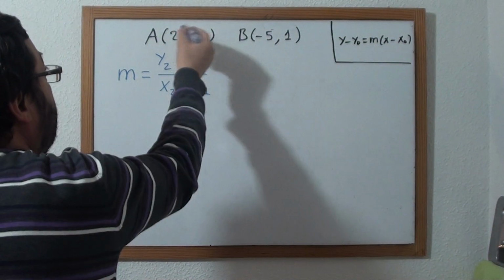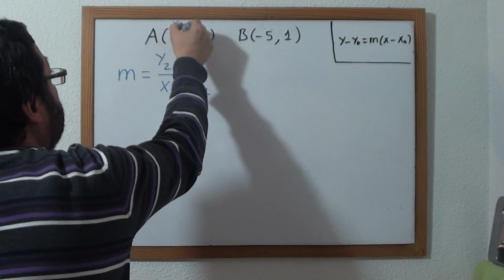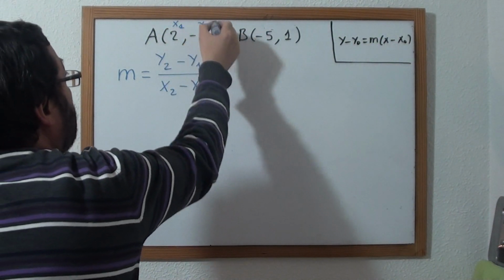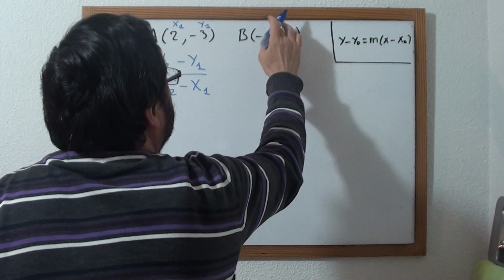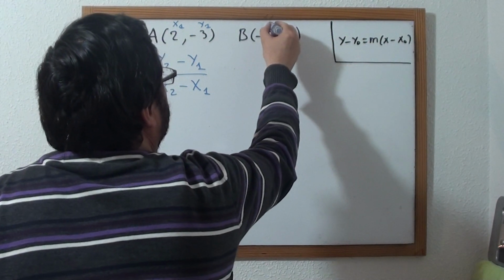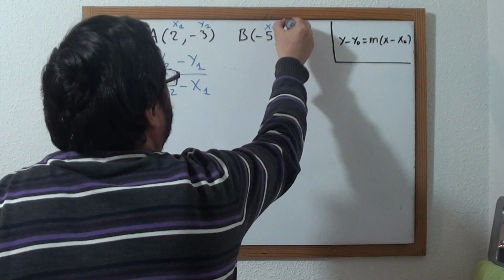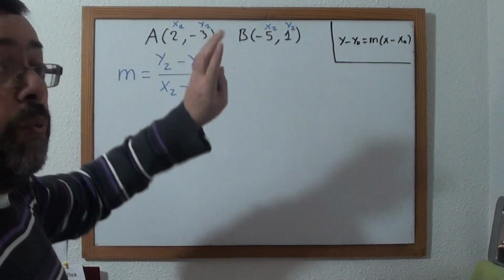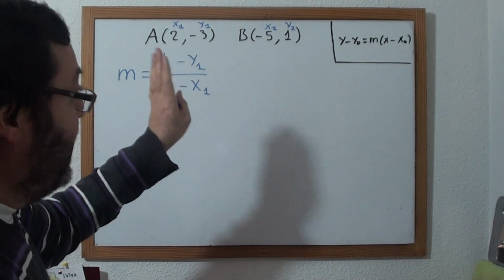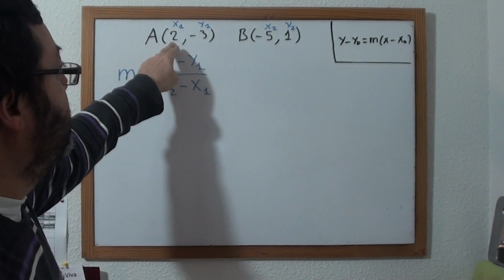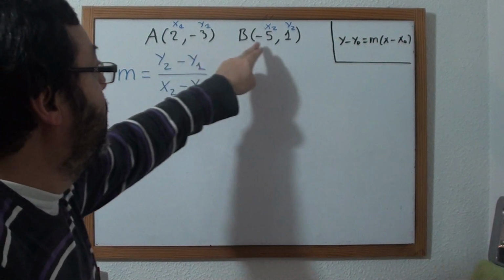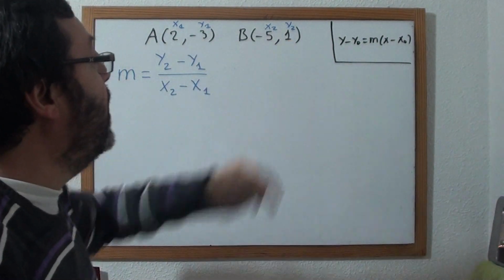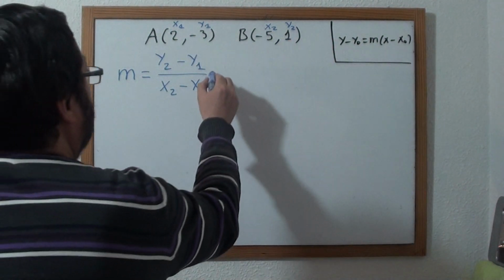So for me, A is going to be 1, so this would be x1, y1, and B is going to be 2, so this would be x2, y2. The x and the y, I can't decide. The x is always the first coordinate and the y the second.